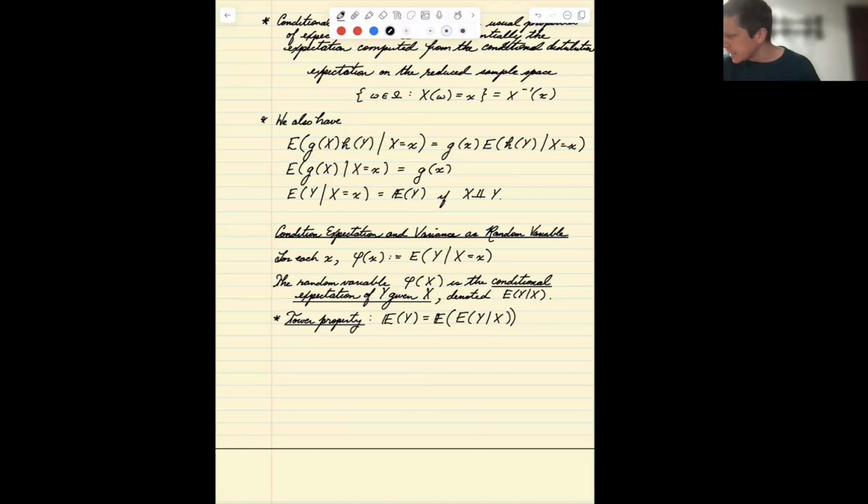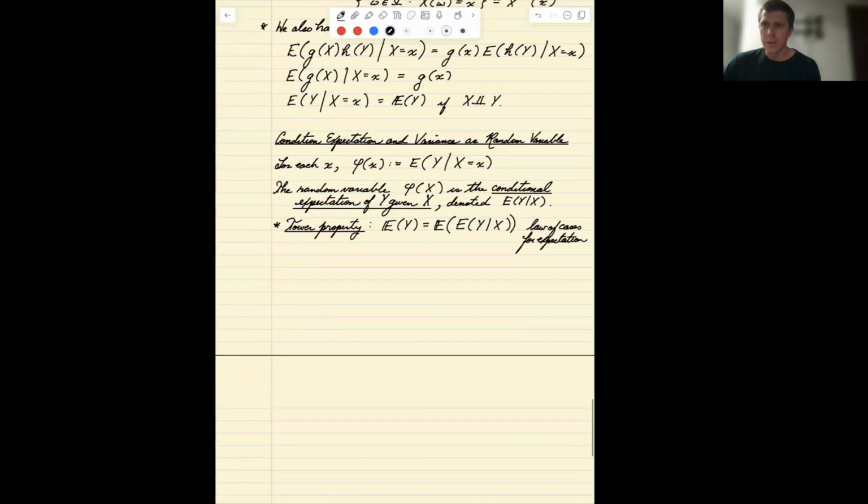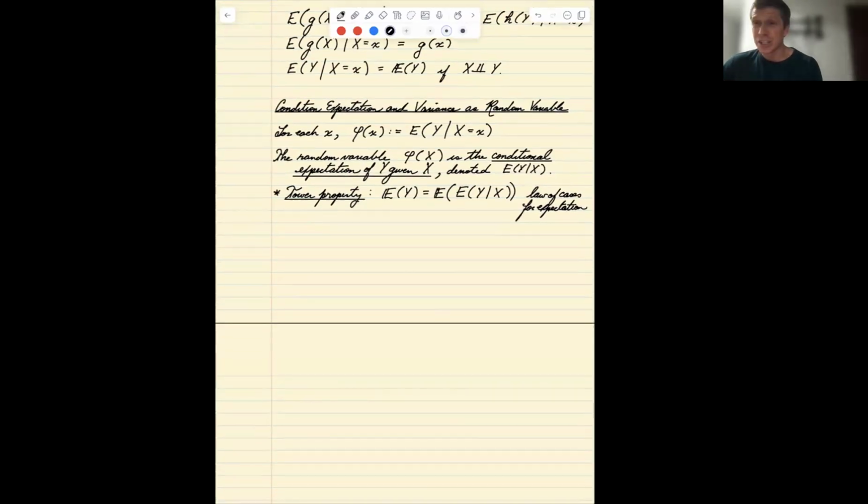This is the law of iterated expectation. And that's a very powerful property that we use all the time. We decompose the random variable into its conditional distributions, we can easily compute the conditional expectations, and then we calculate the expectation of that, and we get the mean of the original random variable unconditionally.